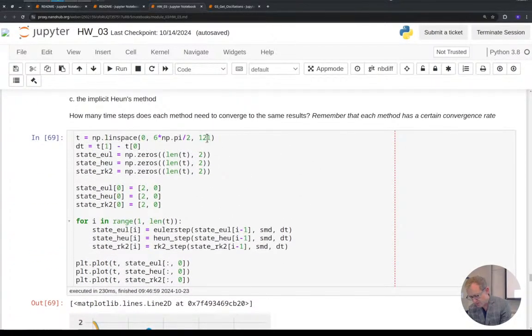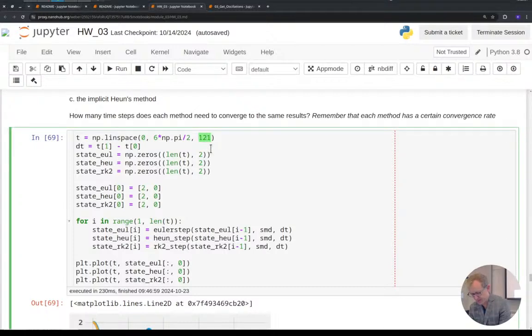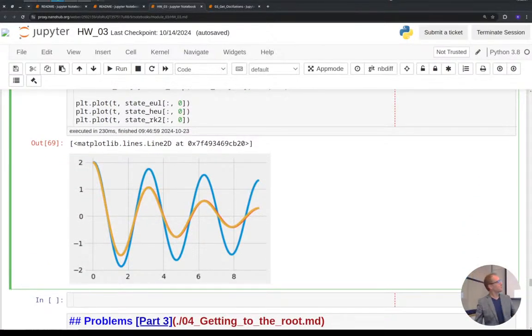So 121, still not big enough. But at this point, with 121 steps, there's no visual difference between Heun and Runge-Kutta. They're both the same answer. So those two have converged.